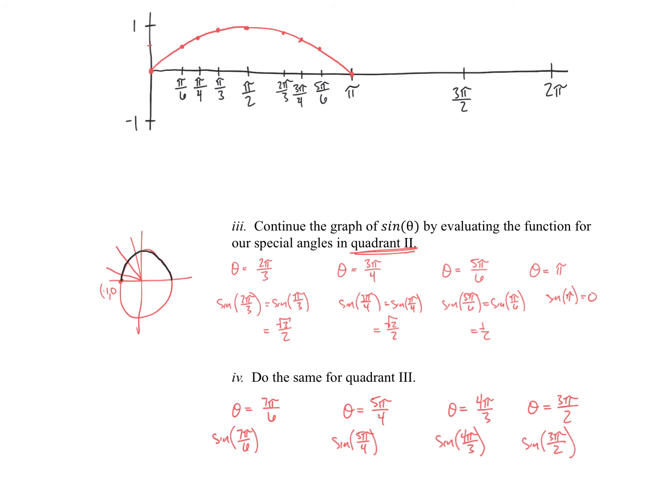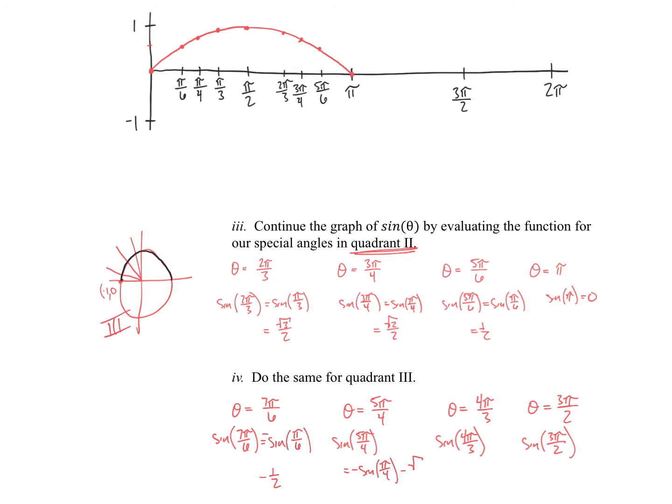All right, so sine of 7 pi over 6 is going to be the same as sine of pi over 6 if you negate it, because we are into quadrant 3. So now all our y-coordinates are negative. So that's going to be negative 1/2. Sine of 5 pi over 4, that's the same as negative sine of pi over 4.